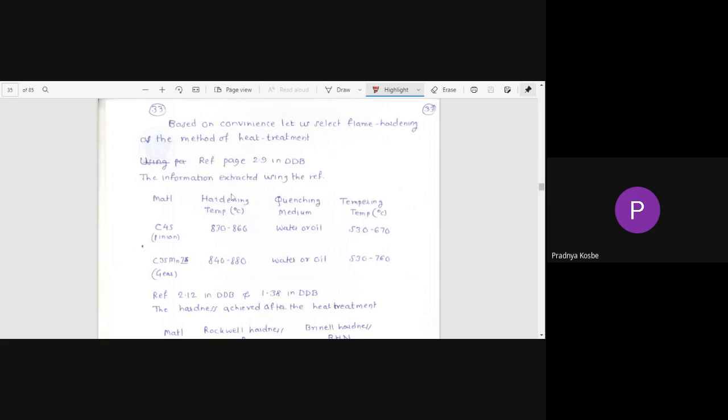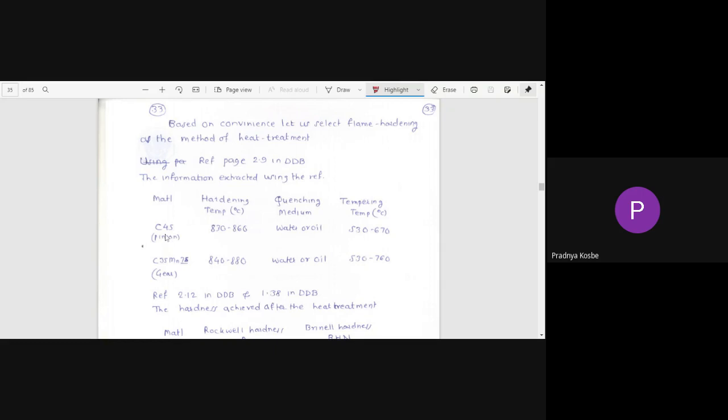So the hardening temperature in degrees Celsius, then the quenching medium for cooling, and tempering temperature are given.